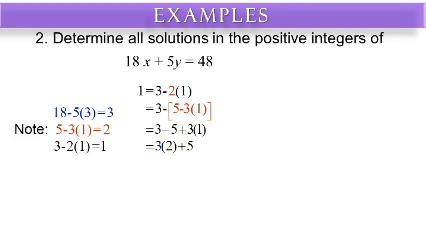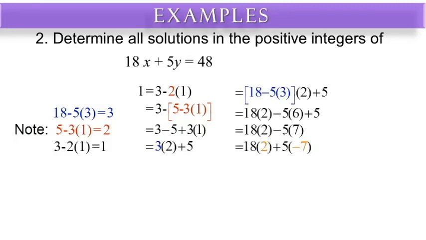And then we'll have 1 equals 3 minus 2 times 1. Again, substitute the 2. So we have 3 minus, substitute 2, we have 2 is equal to 5 minus 3 times 1, equals 3 minus 5 plus 3 times 1. And then combine. So we have equals 3 times 2 plus 5.